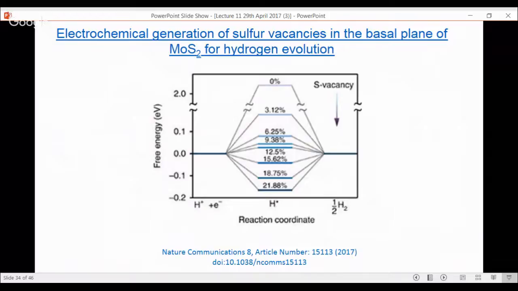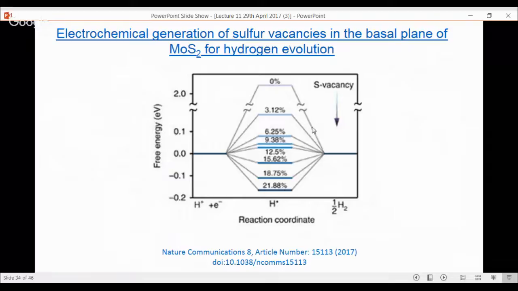For example, the free energy. Free energy, endothermic, exothermic, all those things are there. Now if you take along the reaction coordinate H plus electron giving rise to half H2, if it were to be in the same line, this is the product energy, this is the reactant energy. Without the barrier, it will be most efficient.